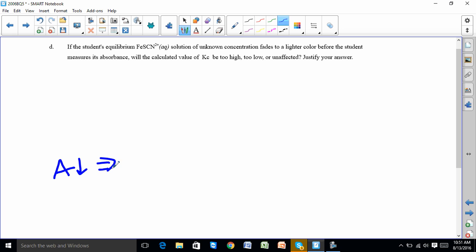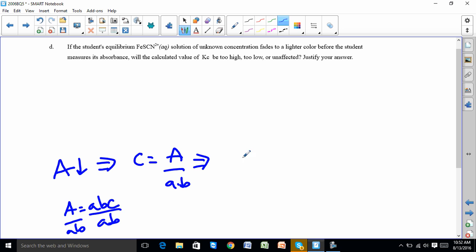Okay. Now, because Beer's law says that absorbance equals ABC, if you solve this for C, C is absorbance over A times B. These are constants. Well, if A is too low, then C is too low.